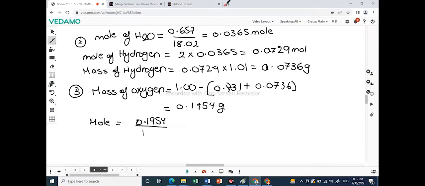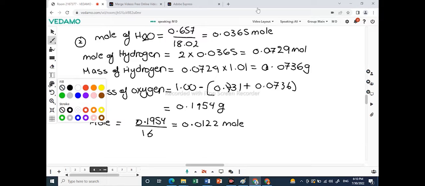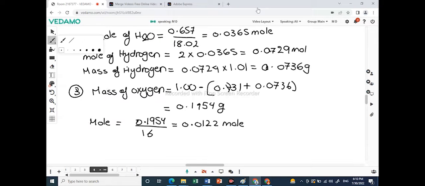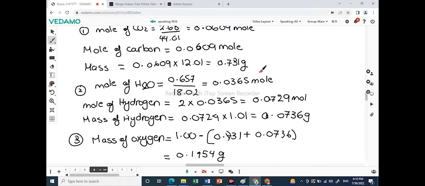Now you calculate the mole of oxygen by dividing the mass over the molar mass, which is 16, and your final answer would be 0.0122 mole number. Now I'm only going to make a circle on the mole numbers that we're going to use in order to further find the empirical formula. From step number 1, I need to take the mole number of carbon, which is presented right here.